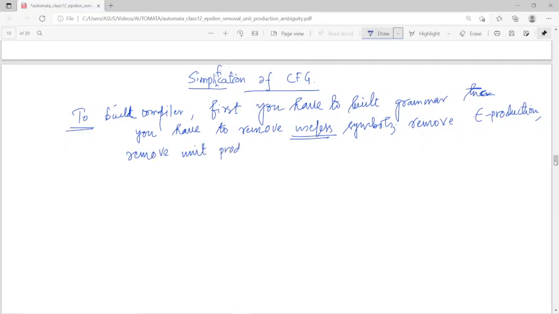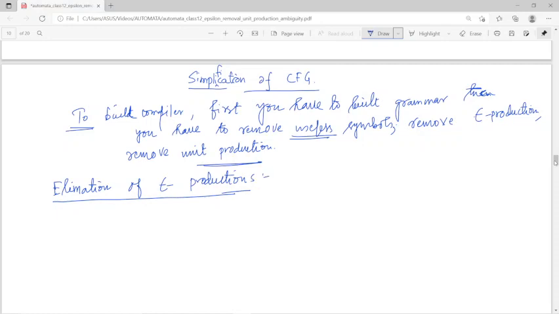So there should be some procedure to build the compiler. First we will start with the elimination of epsilon productions. This is the simplification of CFG, and we start with elimination of epsilon productions. What do you mean by that?